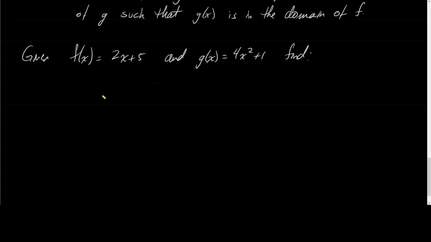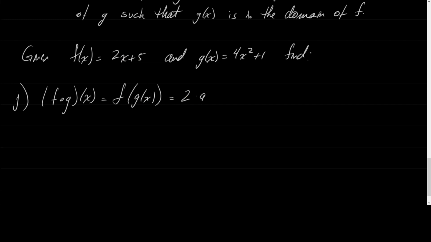So here we go, example J. Let's say we were asking for f composed with g of x. Well, what is that? By definition, this is really saying f of g of x. And whenever we have something like this, whatever's on the inside needs to be plugged into the x. So this is really saying 2 times g of x plus 5.